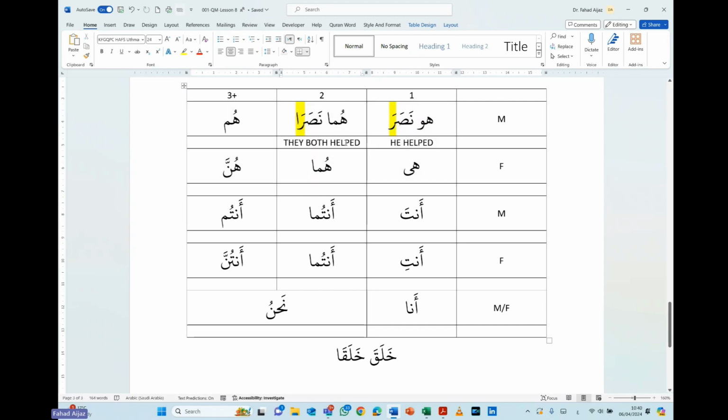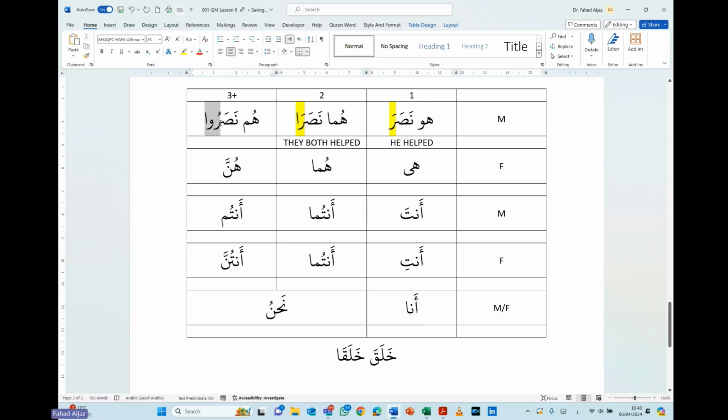Okay. So huwa nasara, huma nasara, and then comes hum. Again, you take the three root letters like this. Now this time you are putting a u ending with a waw and alif. Nasaru.